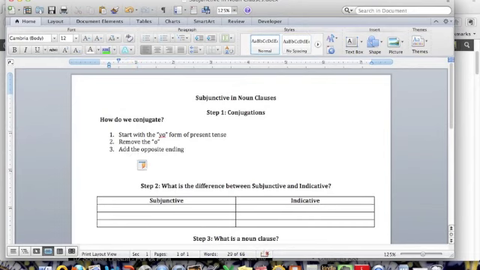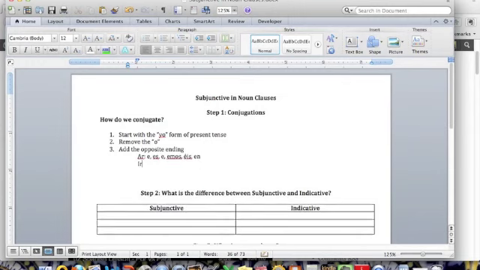I mean, for an AR verb, you're going to do e, es, e, emos, éis, and en. For ER and IR verbs, you're going to do a, as, a, amos, áis, and an. So those are the opposite endings.